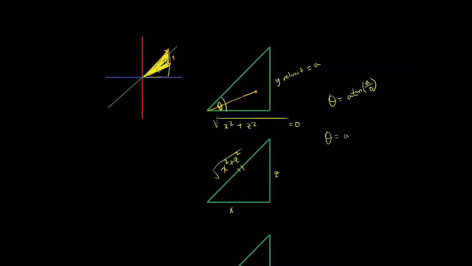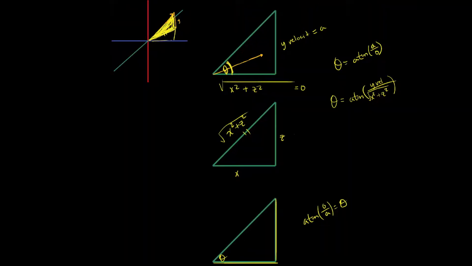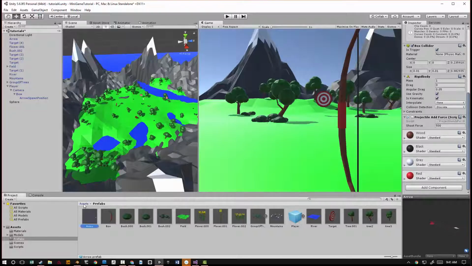Sorry about that. So theta equals arctangent of y over the square root of x squared plus z squared. So this is the math to find the theta we want. So whenever you want to find a theta of any triangle, it's just basically opposite over adjacent. So I did it correctly there. There we go. So let's go back to Unity and create that script there.